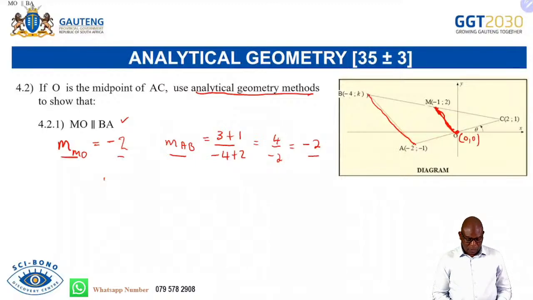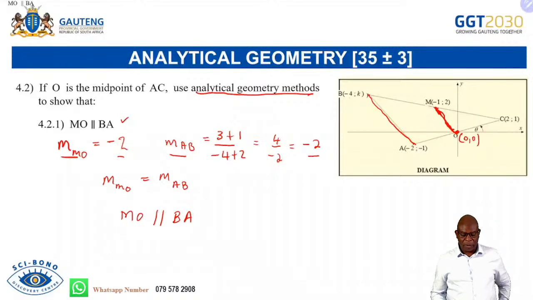So the gradient of MO is the same as the gradient of AB, which makes MO parallel to BA or AB, doesn't matter. So can you see how to show that, showing them that I know that parallel lines have the same gradient. So if the gradient is the same, it's obvious that MO will be parallel to BA.